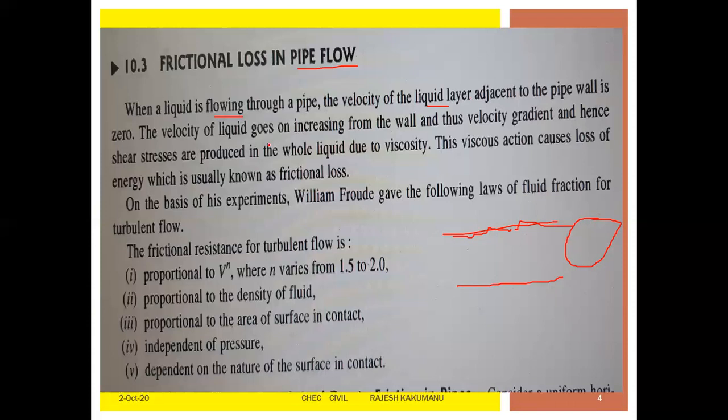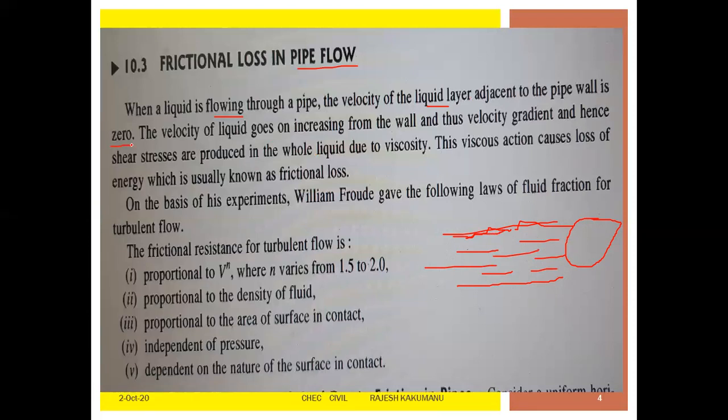The velocity of the liquid layer adjacent to the pipe wall is zero. Whenever the water is flowing in the middle of the pipe or some other places of the pipe, the velocity will be at some value. Whenever the liquid layer is touching the pipe wall, the velocity is zero, right?